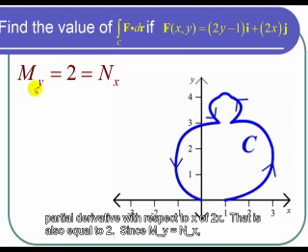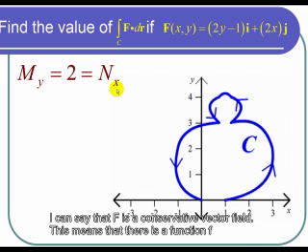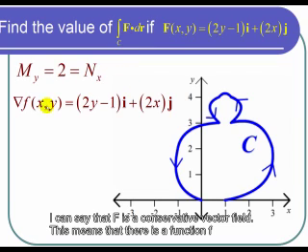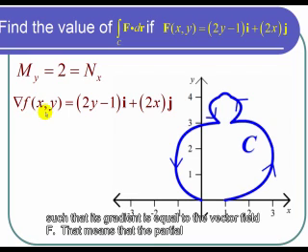So since M sub y is equal to N sub x, I can say that F is a conservative vector field, which means that there is a function lowercase f such that its gradient is equal to the vector field capital F.